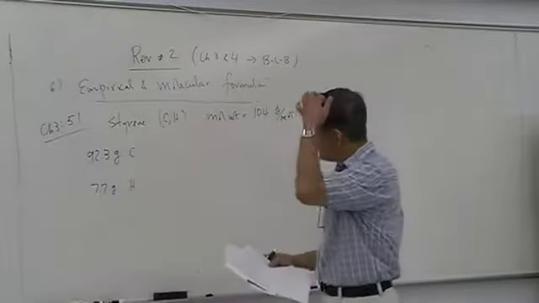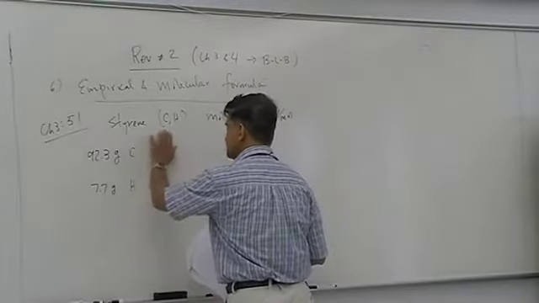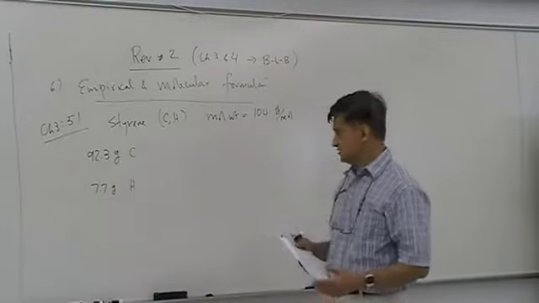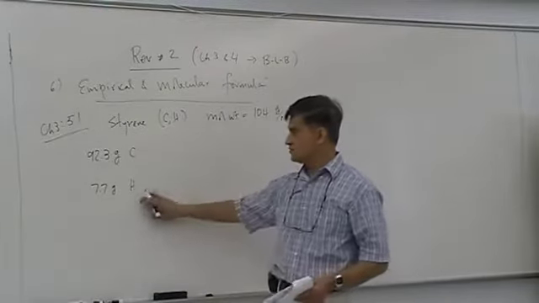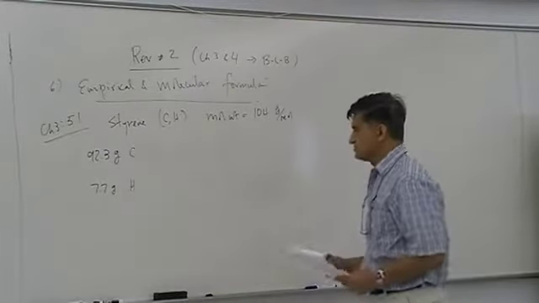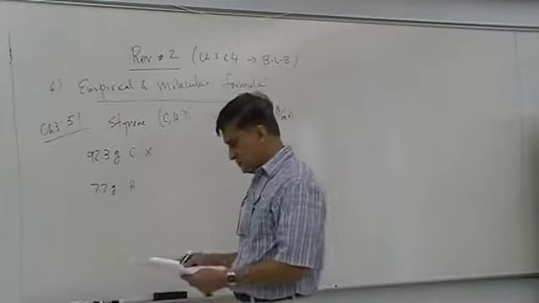Of course, I don't have to give you both values. If I just say that styrene is made up of carbon and hydrogen, having 92.3% of carbon, rest would be hydrogen. So 100 minus this is going to be gram of hydrogen. So from here, we first need to get the mole.